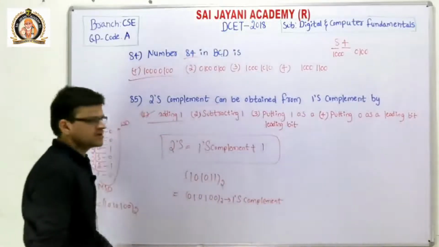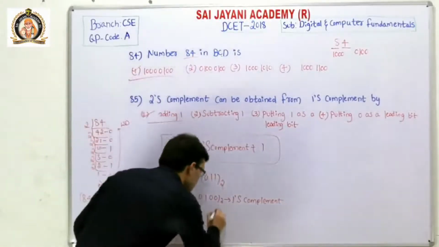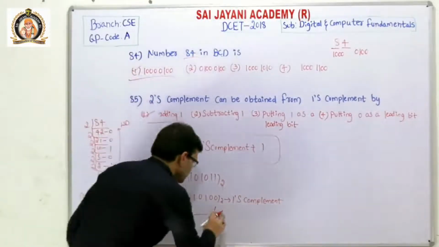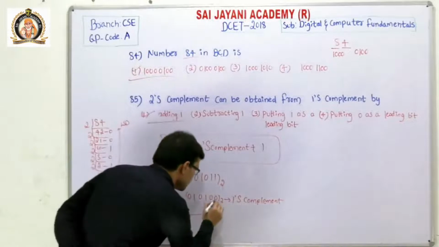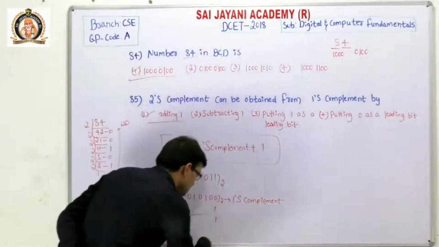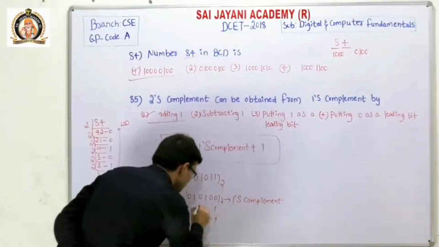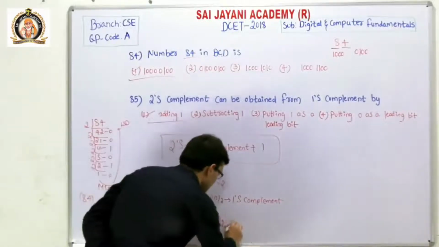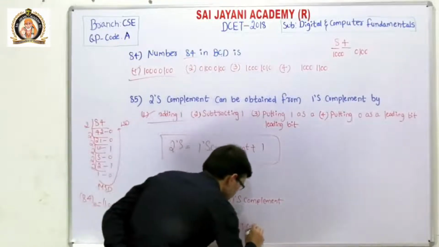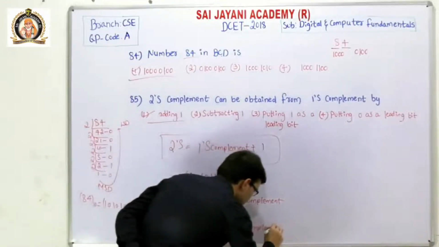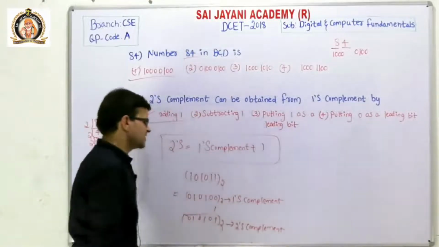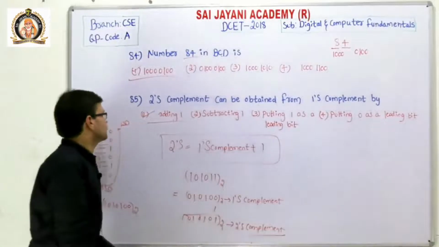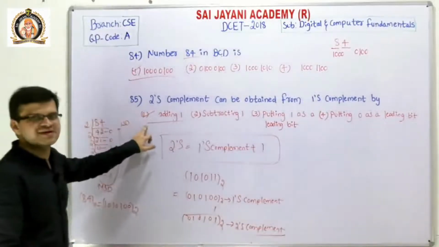And the 2's complement form can be obtained by adding 1 at the LSB of the 1's complement. So here we are adding 1 to the LSB, so 0 plus 1 becomes 1, giving 10011. This is the 2's complement, and the 2's complement can be used for finding the negative values. So for question number 85, the first option is the right option.